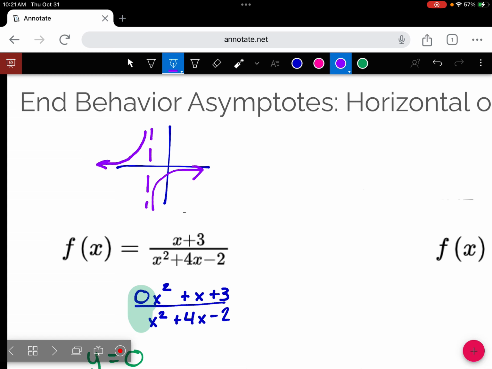And does it matter which sides we're on? When we get into the graphing, yes, it will. But at this point, until we do all of the pieces together, like our x-intercepts, our y-intercepts, our discontinuities, our horizontal asymptotes, our vertical asymptotes, we need all those pieces to make the graph. So I'm just tossing these sketches up to give us an idea of what's happening as opposed to just going, it did a thing.